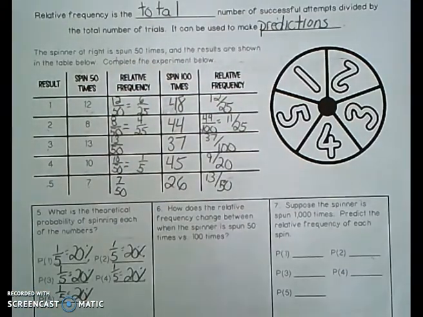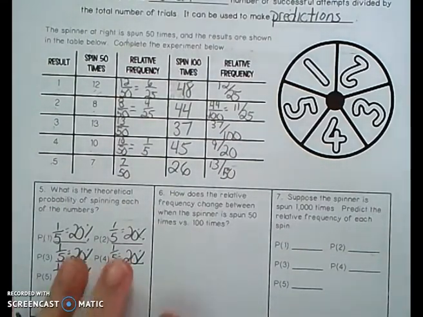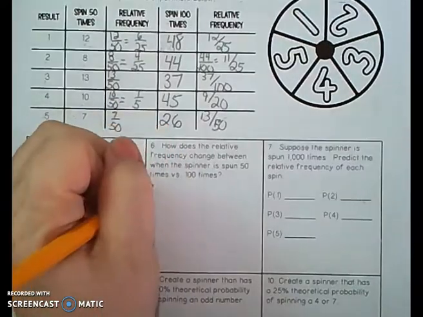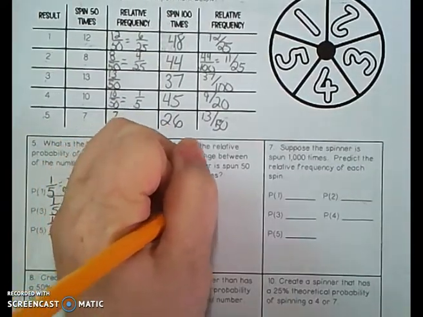So for number 6, it says, how does the relative frequency change between when the spinner is spun 50 times versus 100 times? And the answer to this is the number of trials increases.